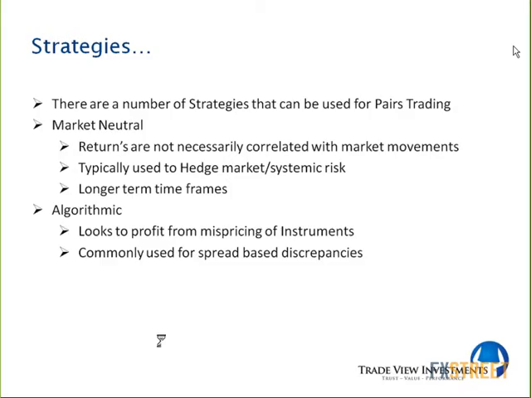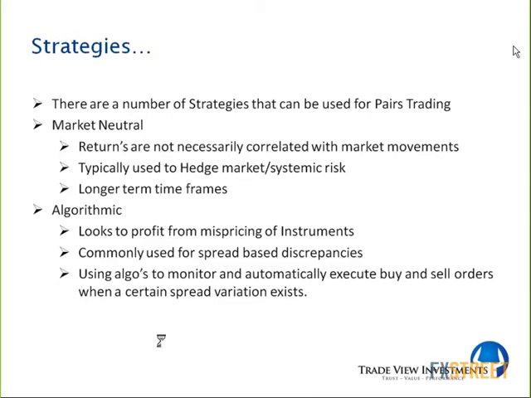So again, that's what I was just talking about. For example, the DAX might move by about 50 points, whereas the FTSE might only move by 10 or 15 points. But that's on a quick 1 minute time frame.